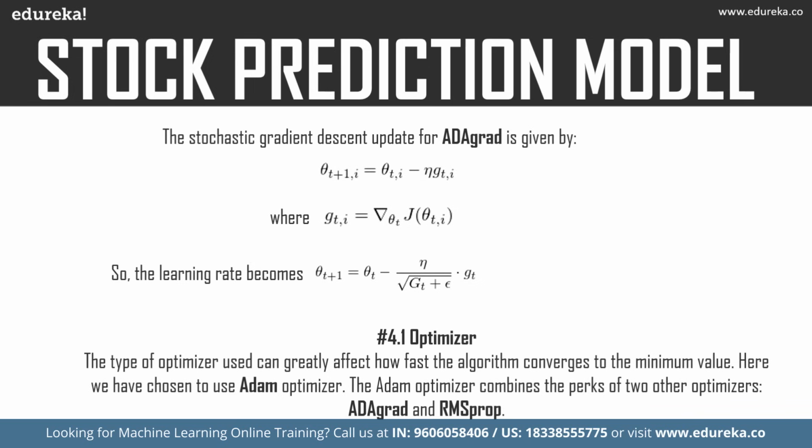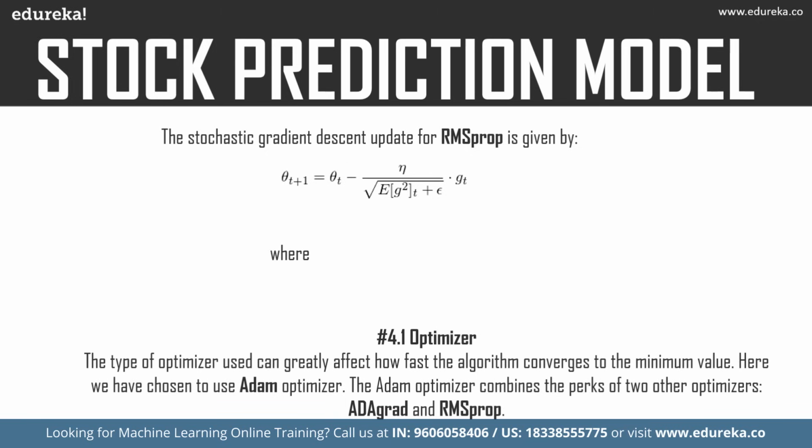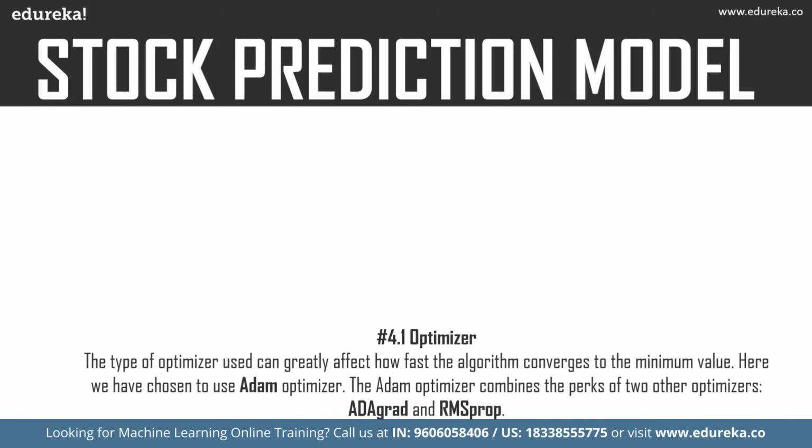Makes sense, right? In other words, the learning rate is calculated based on the past gradients that have been computed for each parameter. Now, RMSprop considers fixing the diminishing learning rate by only using a certain number of previous gradients. Now that we understand how both of these optimizers work, we can look at how Adam works.